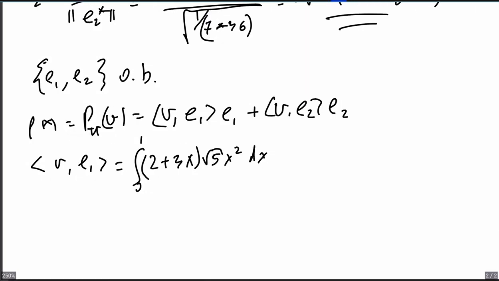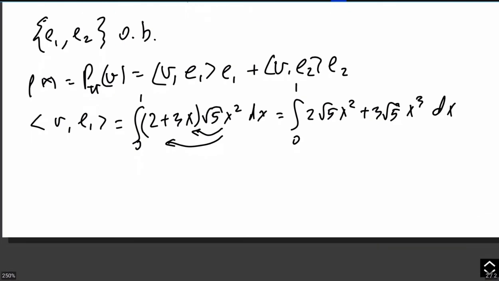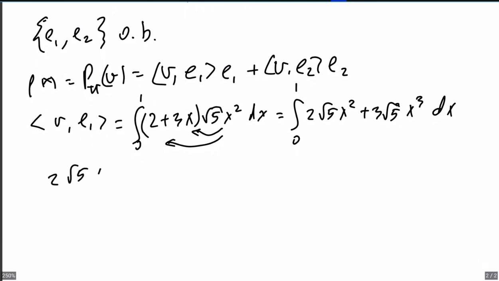dx. And we have to calculate this again by multiplying it out first. So this is the integral from 0 to 1, 2 square root of 5 x squared plus 3 square root of 5 x cubed dx. Then integrating we get 2 square root of 5 x cubed over 3 plus 3 square root of 5 x to the 4 over 4, evaluated at 0 and 1.